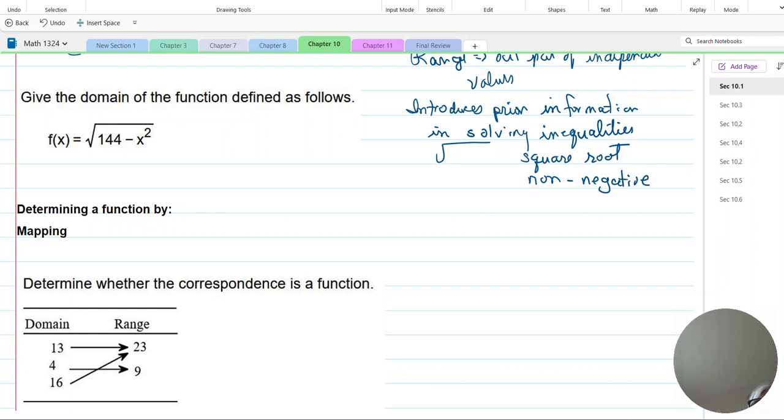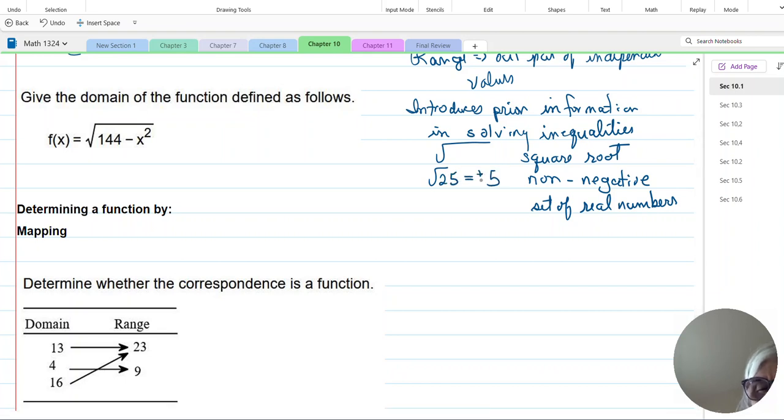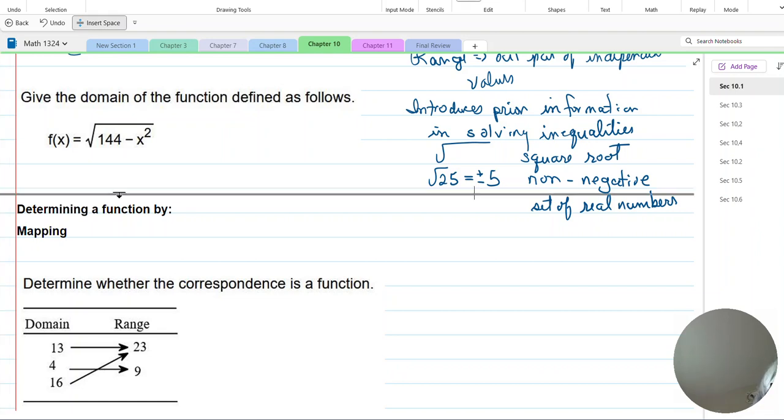And we don't do imaginaries, we're in the set of real numbers. All right, so what we're saying here is the fact that if we have the square root of 25, we know it is a 5. And it can be a plus or minus 5, because the square of that will give us 25 if we're looking for solutions.